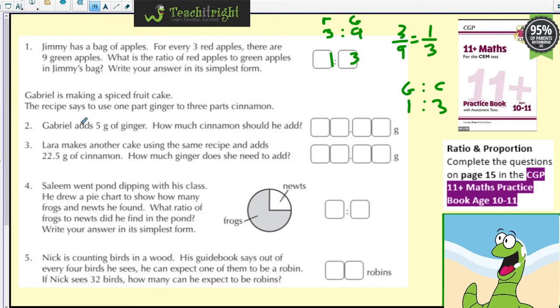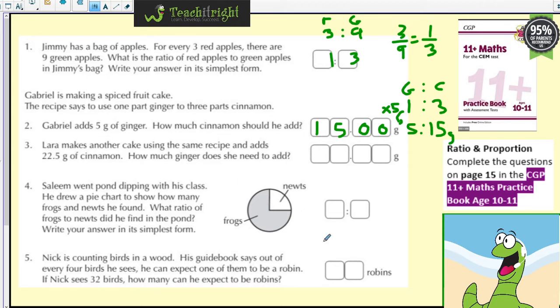So if we now have 5 ginger, that's an increase of 5 times. So we're going to need to increase this by 5 times. So it's going to be 3 times 5 is 15 grams. So 15.00 grams. If they give me the spaces, I'll always fill them, even if it's with zeros.